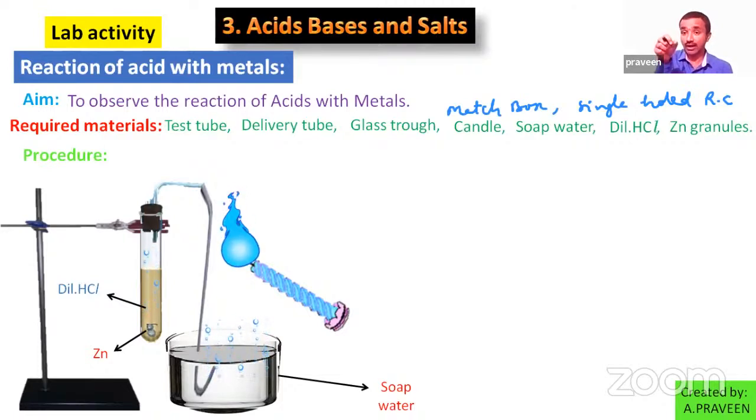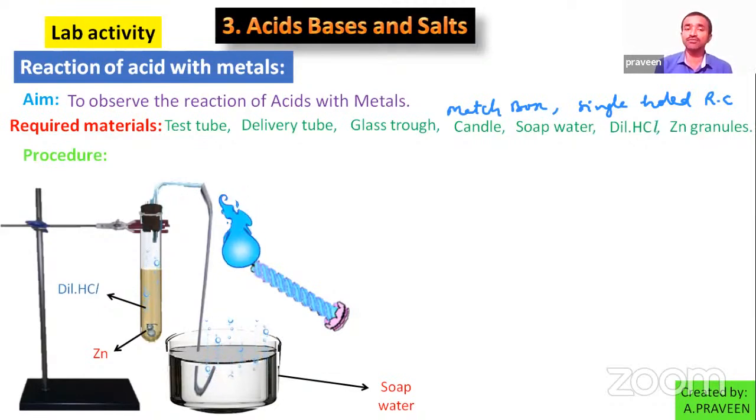So we brought a lighted candle near the gas bubbles. Here the yellow, orange or red flame simply changed into a blue color, and we also hear a pop sound.